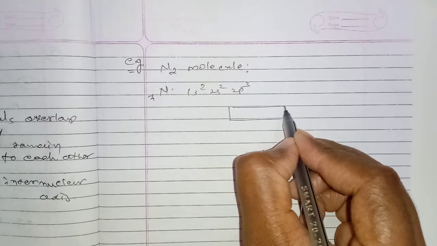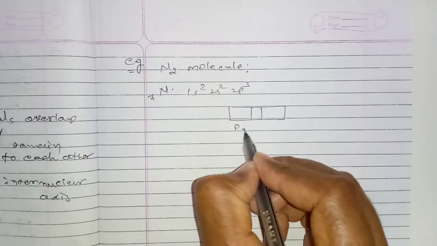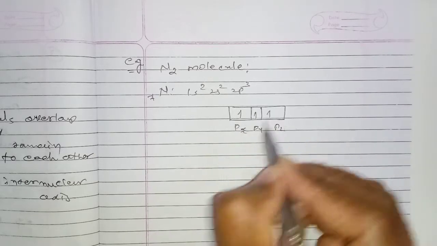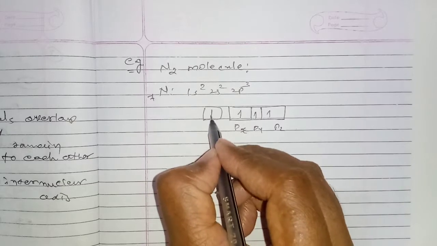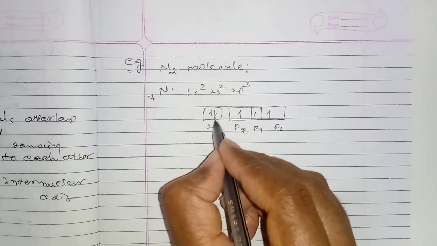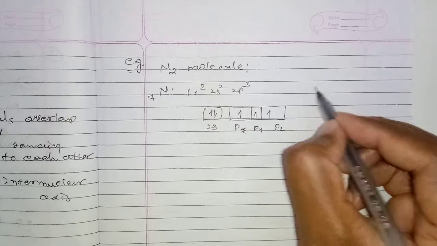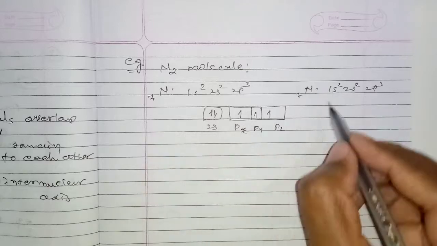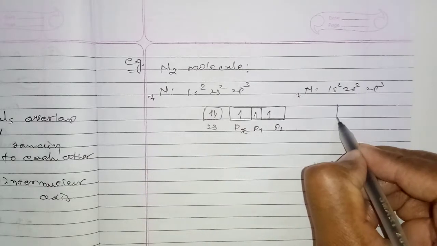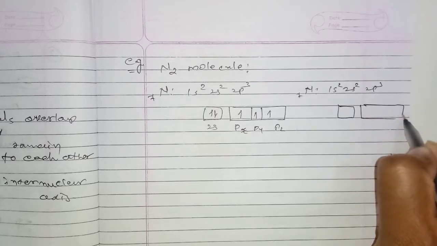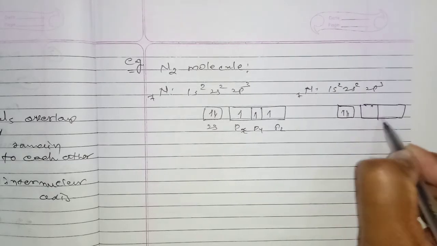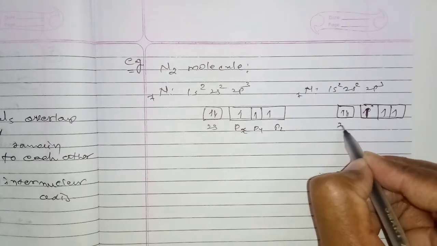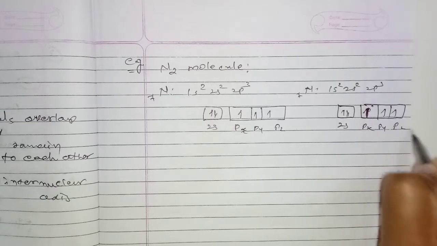In the 2p orbital, px, py and pz orbitals, 1, 2 and 3, there are 3 unpaired electrons, and in the 2s orbital there are paired electrons.